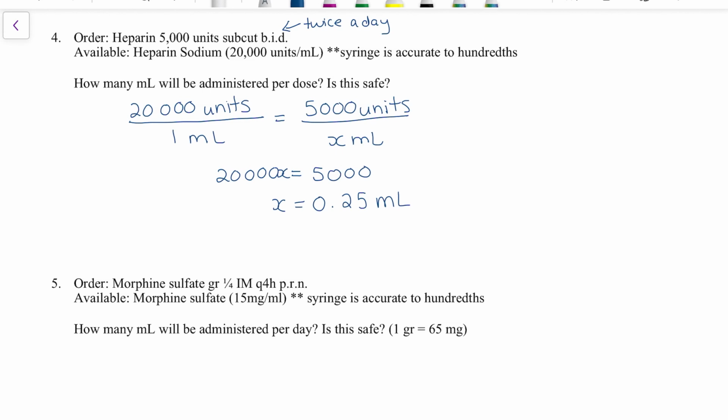The syringe again is accurate to hundredths, so yes, this would be safe because we haven't had to round past the hundredths. So therefore, yes, it is safe. Again, because it's giving the exact amount of medication, we haven't had to round this at all, so it's going to give them exactly what the doctor ordered.